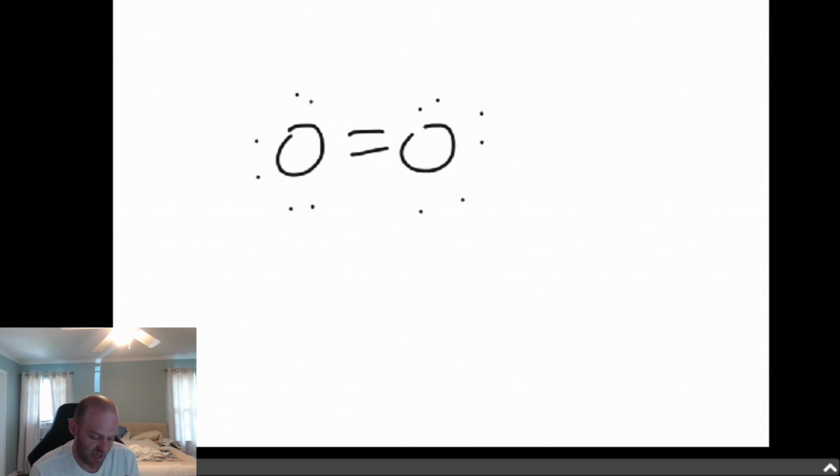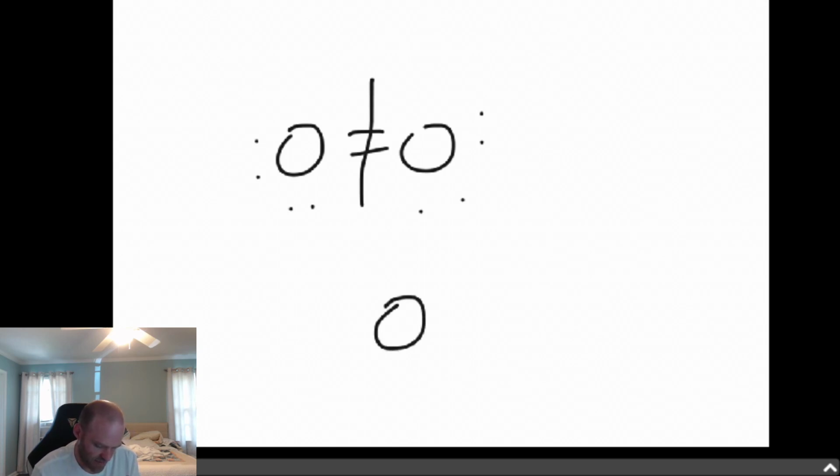Remember when oxygen is bonded in a double bond, I have to put a lot of energy into this to be able to break that bond. And when I do break that bond, it's going to leave me two short of electrons.